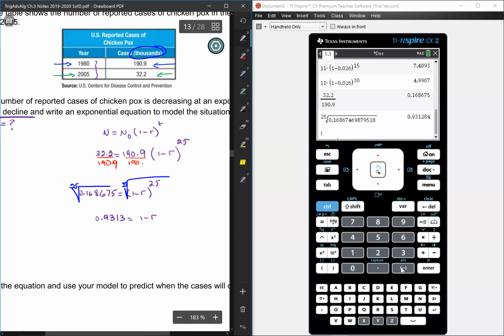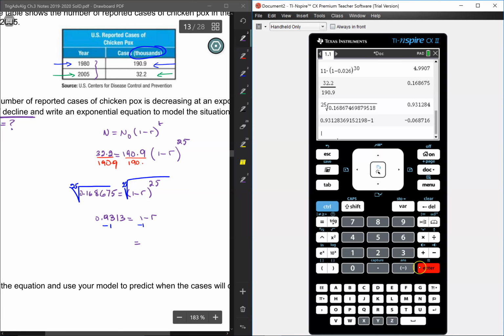Now what am I going to do? Minus 1, minus 1. So minus 1. Negative 0.0687 equals negative r. Right?